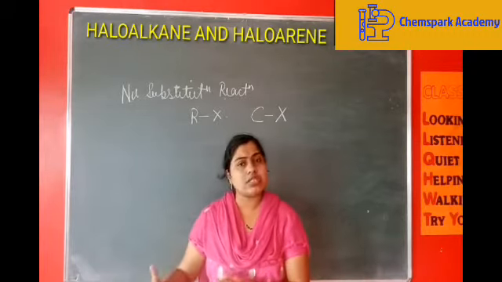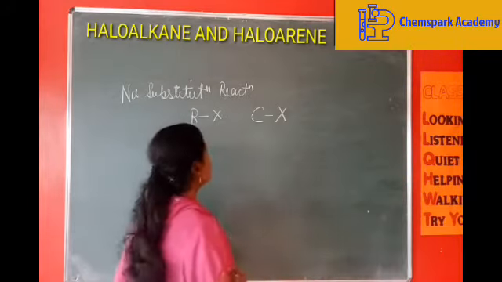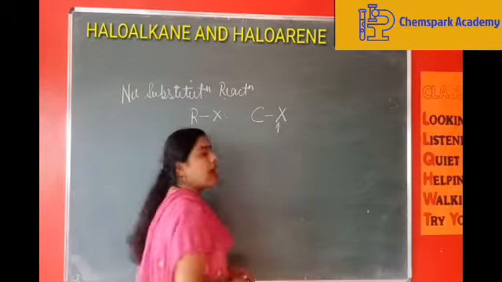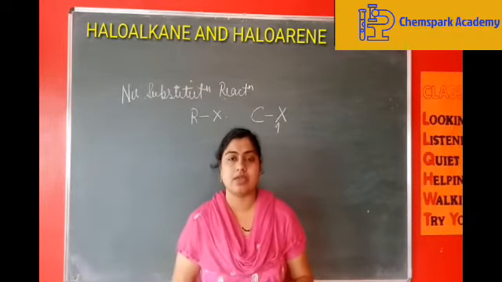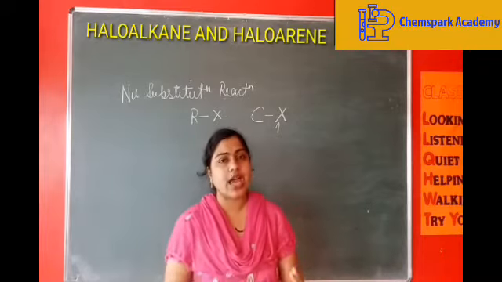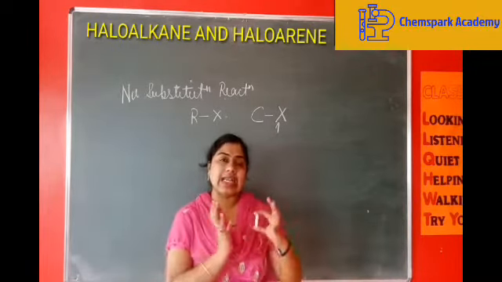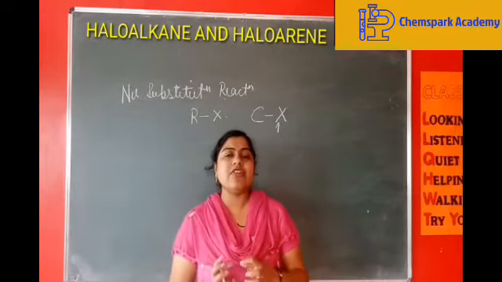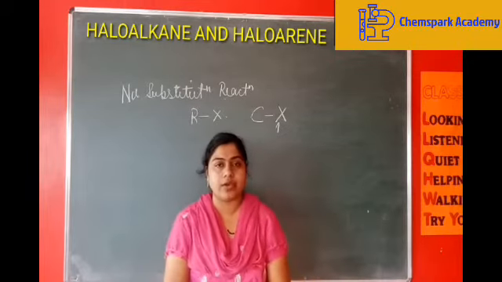So when I talk about the substitution reaction in the haloalkenes, the halide ions Cl minus, Br minus and I minus are also a kind of nucleophile. So how will this reaction be possible? If a stronger nucleophile attacks this particular reactant molecule, then there will be a substitution of one nucleophile by another.